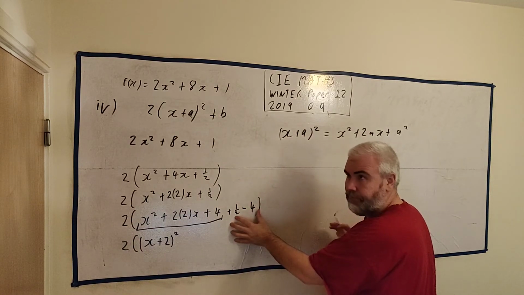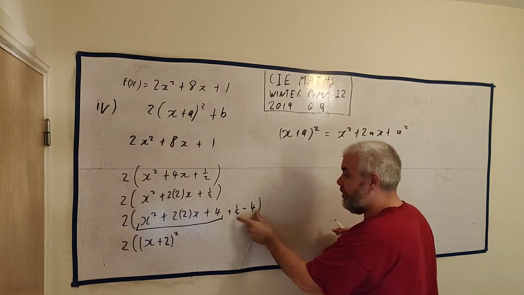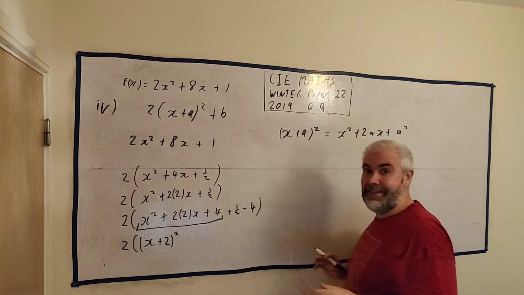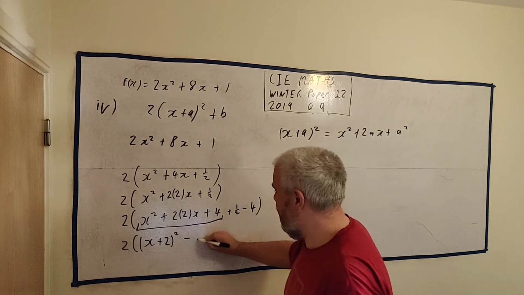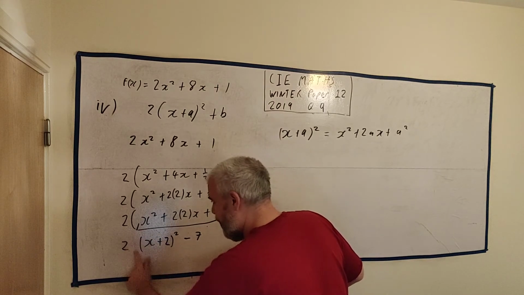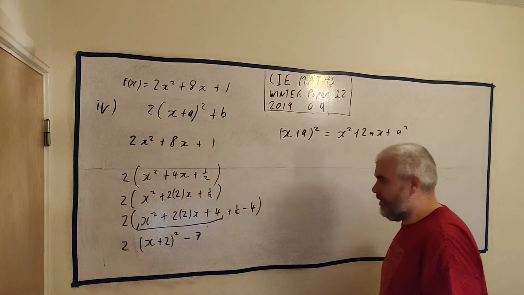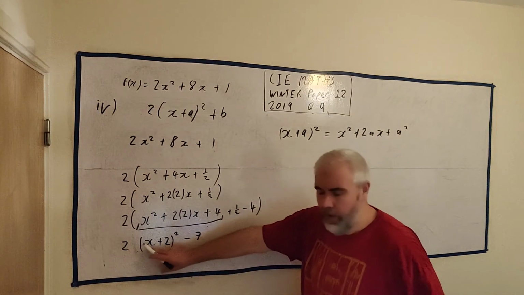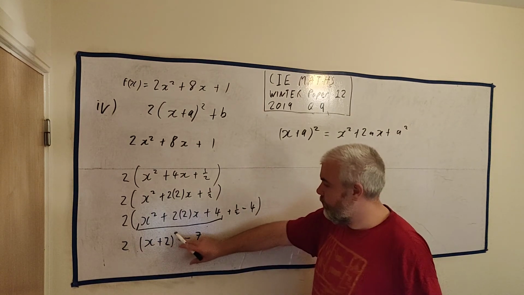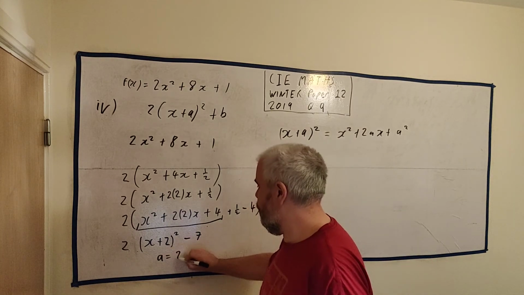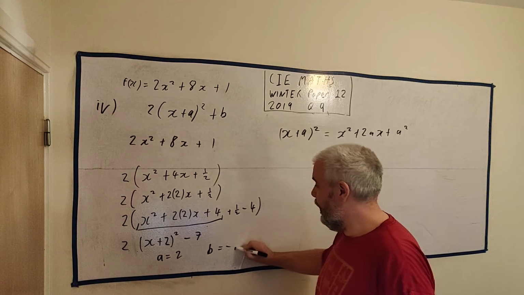A half minus 8 halves is minus 7 halves. 2 multiplied by minus 7 halves is minus 7. Let's see, I have too many brackets. Yes, that's it. And that's exactly what they asked us for, in the form of 2 times x plus a, squared plus b. So in this case, a is equal to 2 and b is equal to minus 7.